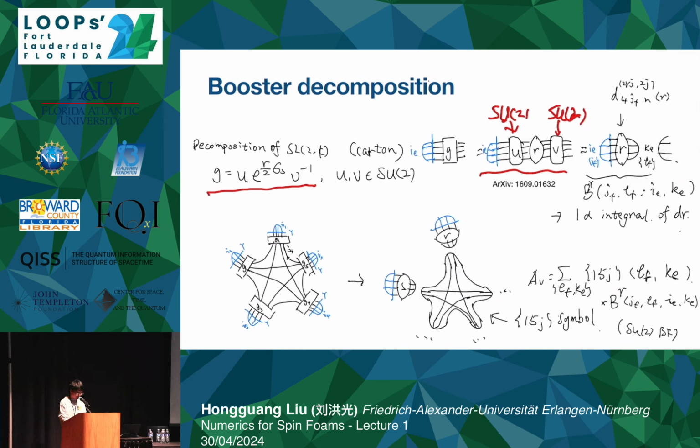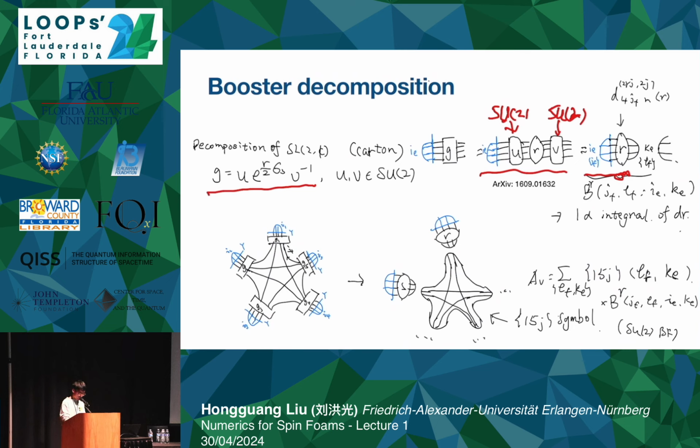On the left, we have the Y map and the intertwiners are SU2 invariant, so this SU2 group element acting on the SU2 invariant is trivial. We can just ignore it. So we get this, and the right-hand side is SU2.